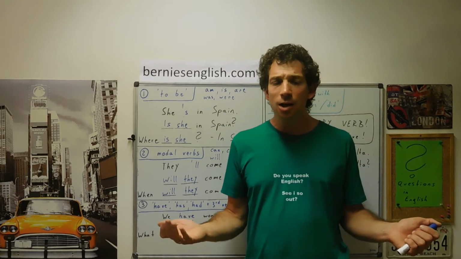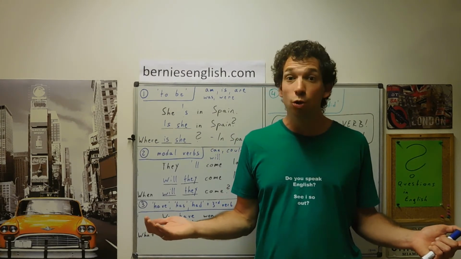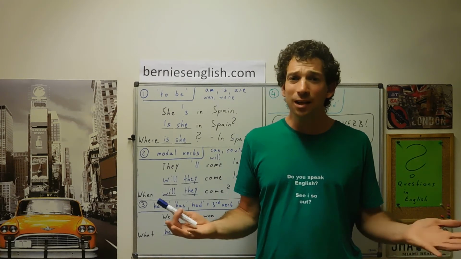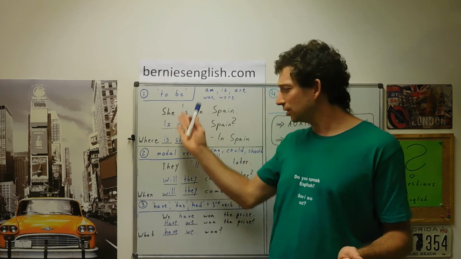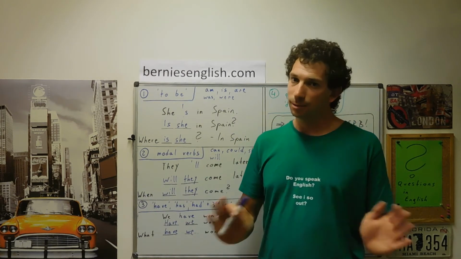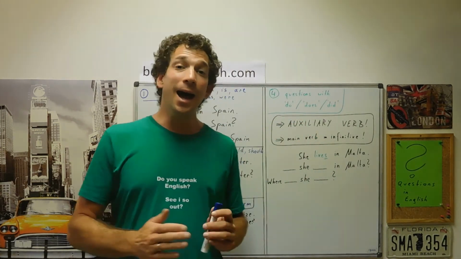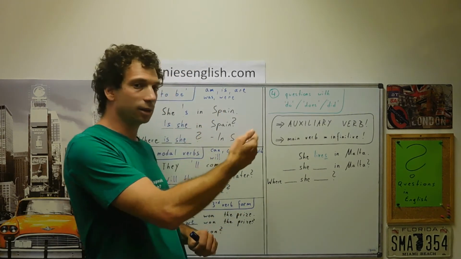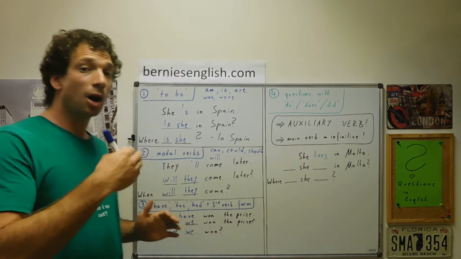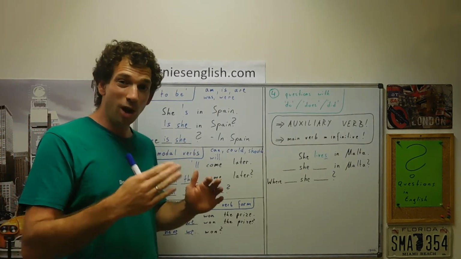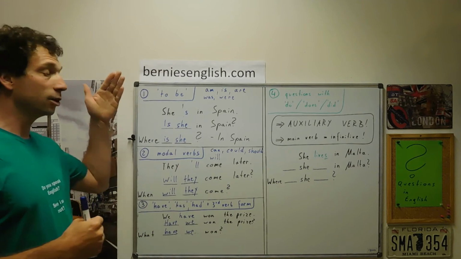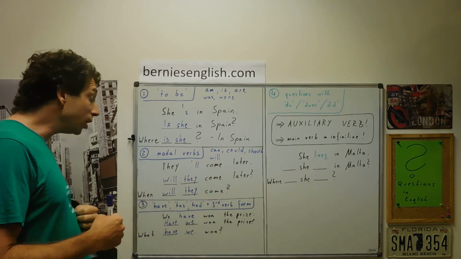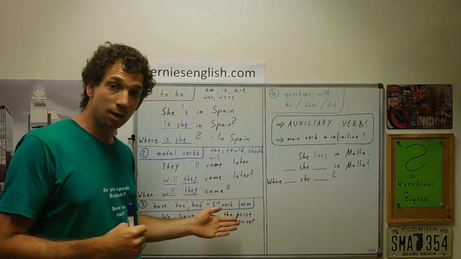So when do we need the verb do to ask a question? Why do we even use the verb do? We haven't used it so far. Well, simple. In the beginning, I told you that you cannot mix these auxiliary verbs. You can only use an auxiliary verb from one group. You can either have to be, or you can have a modal verb, or you can have the present perfect.